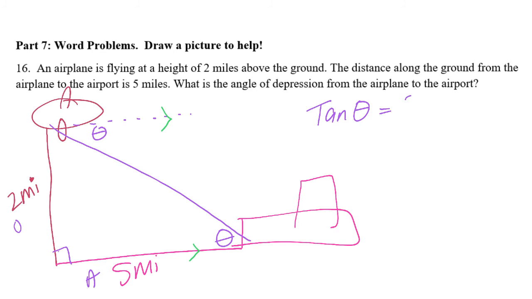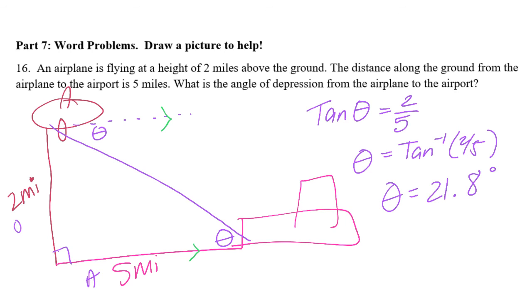Tangent of the unknown equals opposite, which is 2, over adjacent, which is 5. So we're going to have to do inverse tangent of 2 over 5. Remember, inverse tangent, 2 divided by 5 is going to be 21.8 degrees because it is an angle. So degrees is your unit because it's an angle.